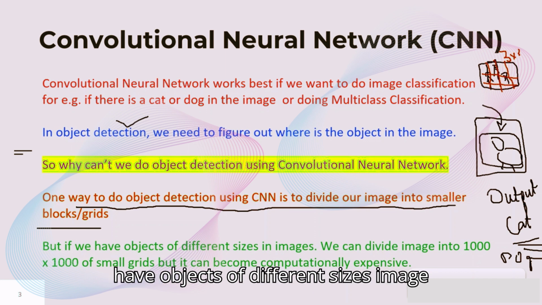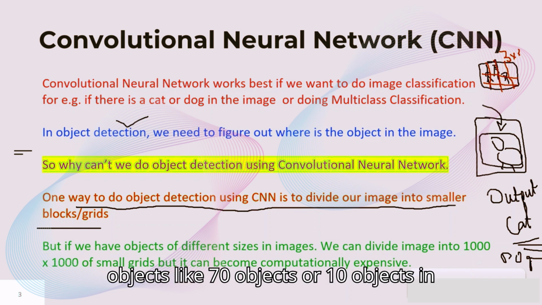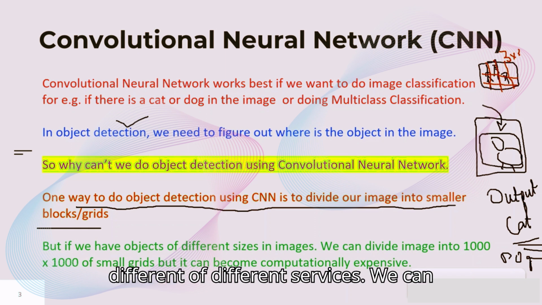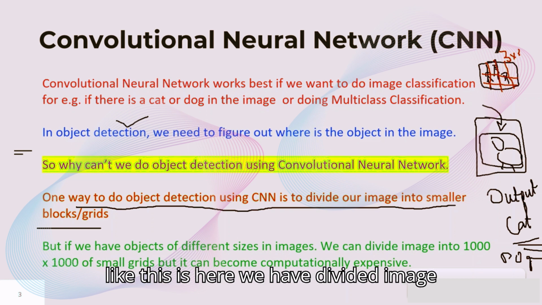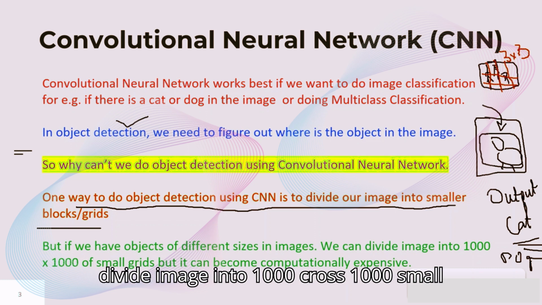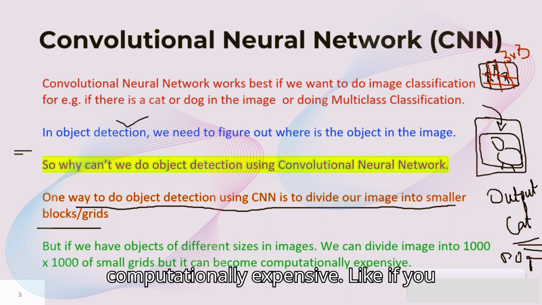But if we have objects of different sizes, multiple objects, like 70 objects or 10 objects in the image, and all of the objects are different sizes, we can divide the image into 1000 cross 1000 grids. Here we have divided the image into a 3 cross 3 grid, but now we can divide the image into 1000 cross 1000 small grids. It will definitely become computationally expensive.